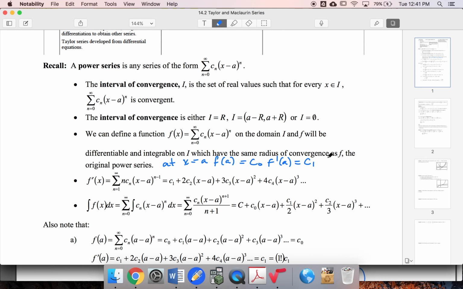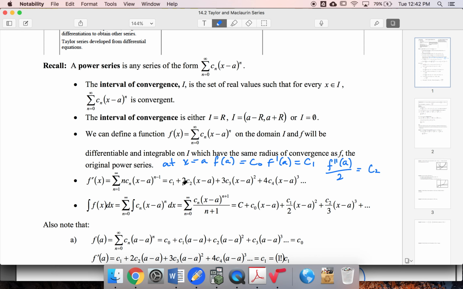So the second derivative at x equals a is equal to 2c2. Well, that implies that half of the second derivative is equal to the second constant.